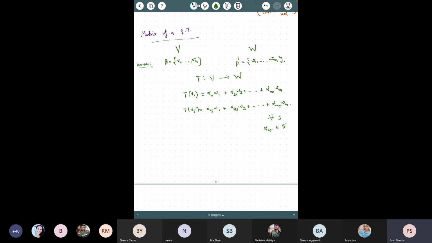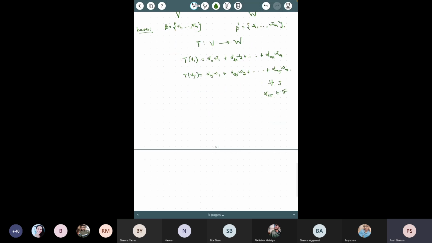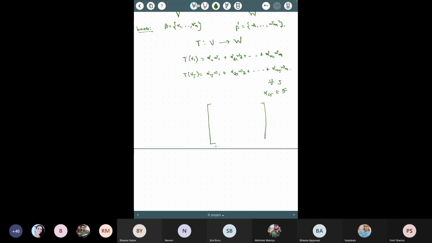All right. Now, since you have collected these scalars alpha ij, what I will do here is form a matrix out of these scalars. The first column of this matrix would be the coefficients. These coefficients are also called the coordinates of the vector T of V1 with respect to the basis W1 to Wm.